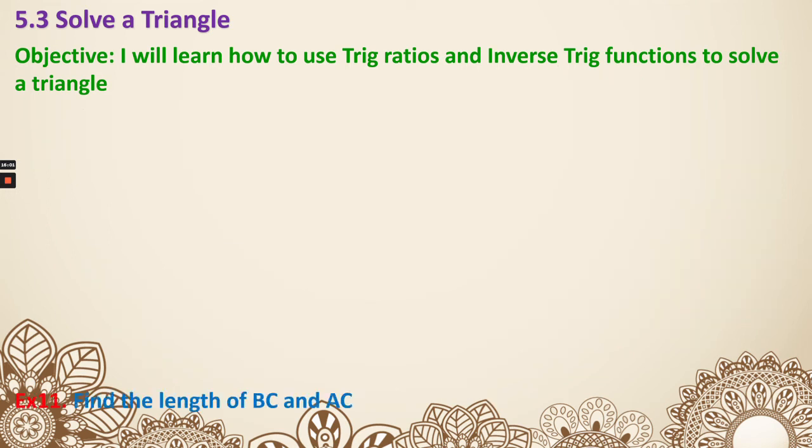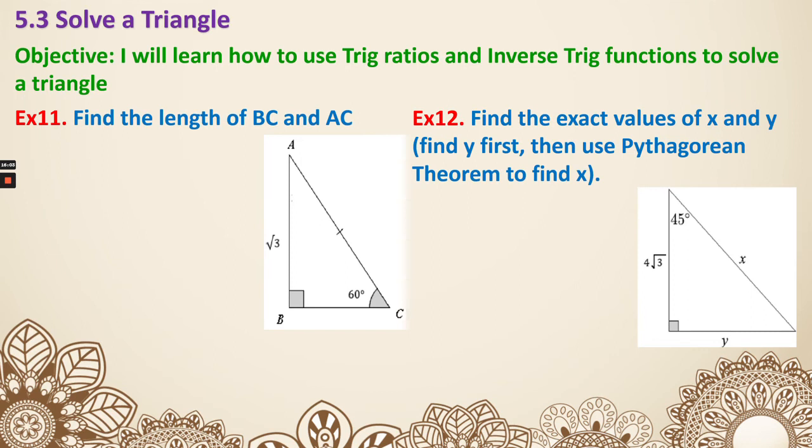Next, example 11. Find the length of BC and AC. BC right here. Angle is right here, so that's opposite. This is adjacent, and that's hypotenuse. So basically it's asking you to find adjacent and hypotenuse. Let's set it up. With adjacent, and I already know opposite, I'm going to use tangent. So tangent 60 degrees is going to be my square root of 3 over my adjacent side, which is basically BC.